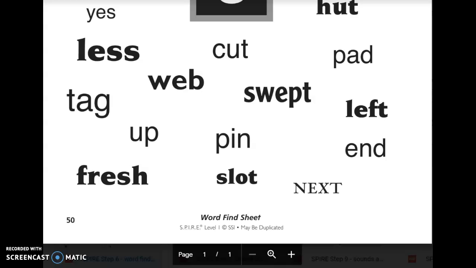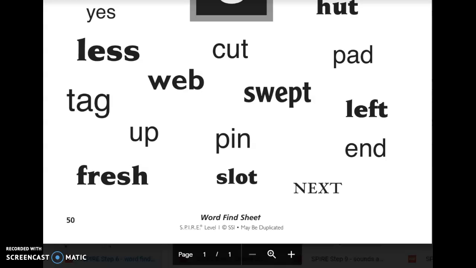Okay, so the word that I had in mind was swept. That is a pretty difficult word if you're trying to read it and figure out how many sounds are in the word. So we can tap it out with our fingers. We can say s, w, e, p, t. So that's 5 sounds that we're hearing there and 5 letters that we're going to have to write if we write that word.